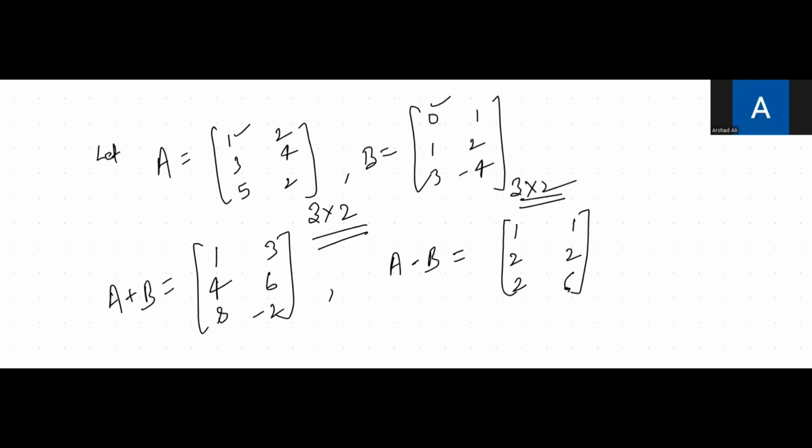Okay, student? Now we are going to discuss an important topic in matrices, that is multiplication of matrices. What is the important thing in addition and subtraction? Order should be same. But in matrix multiplication, if orders are not same, then sometimes multiplication is possible, and if orders are same, multiplication is not always possible. So what is the rule?